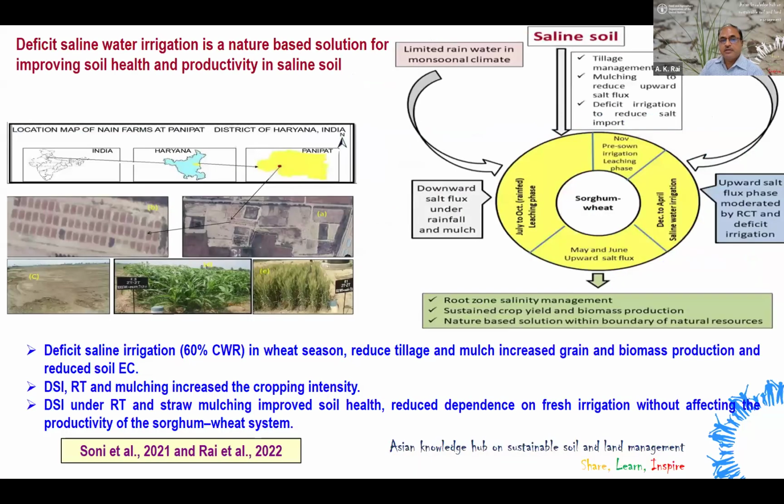Likewise, in subsurface drainage, a lot of cost is involved, and many times it is not possible to reclaim the entire area because it is a community driven approach.